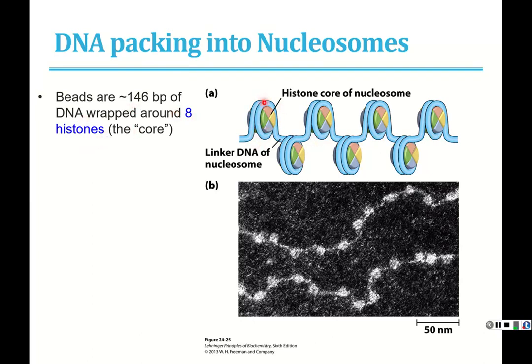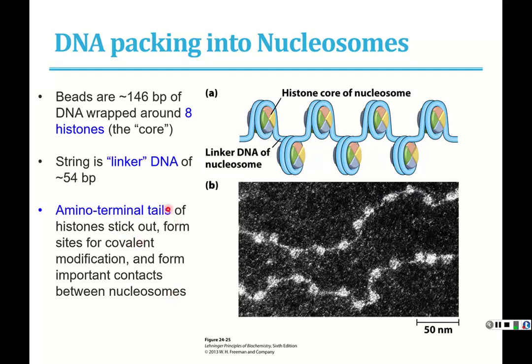The DNA wraps around it, and then you have these linker regions of DNA that go from one of these nucleosomes to another. About 146 base pairs of DNA are wrapped around a histone, just for your information. When you look at it under electron micrograph, it looks like this. Kind of looks like beads on a string. The linker DNA regions between them are about 54 base pairs.